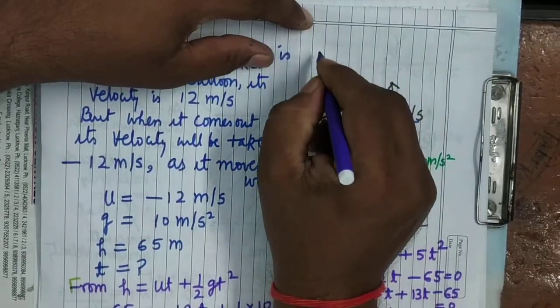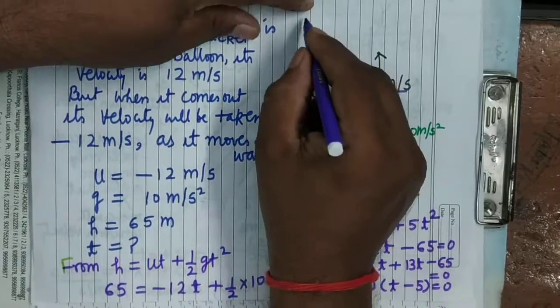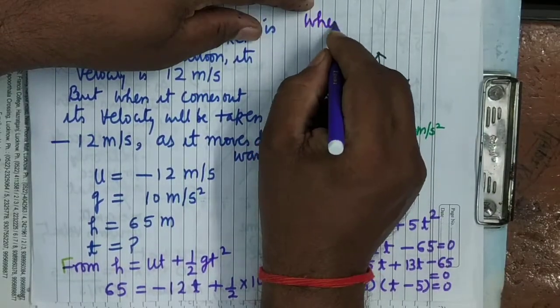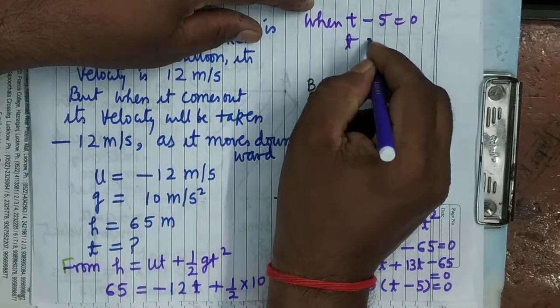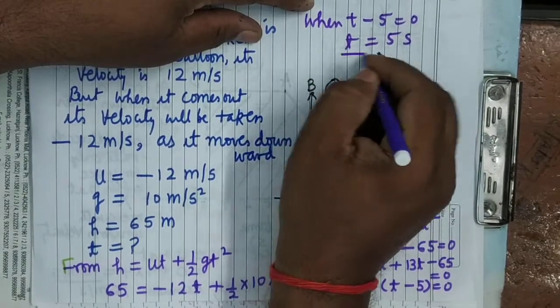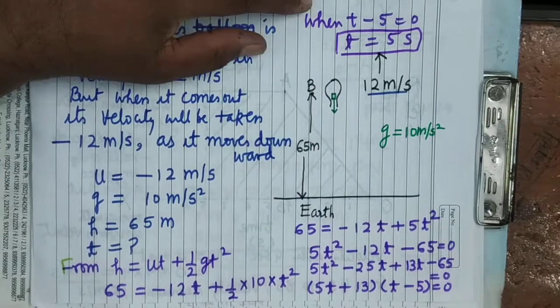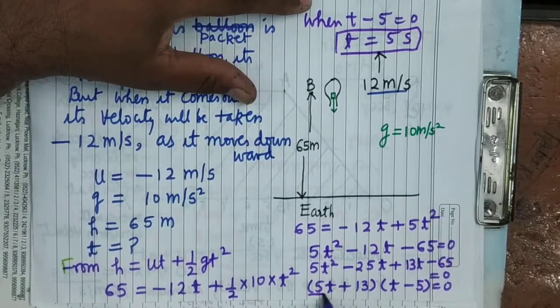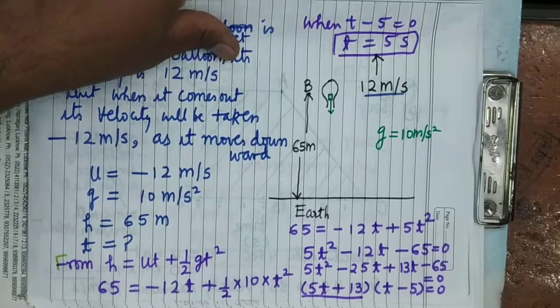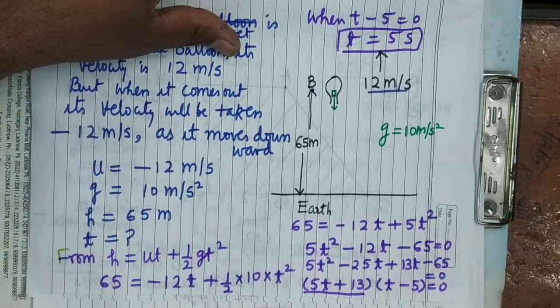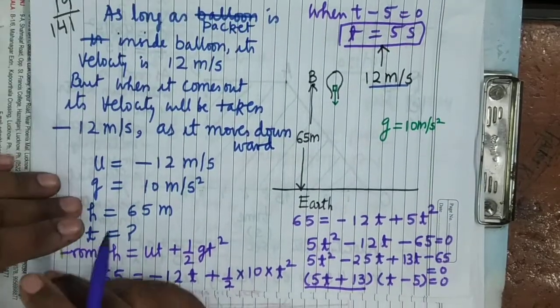So when t minus 5 equals 0, t equals 5 seconds. Means in 5 seconds it will reach the ground. From the other value, you will get t equals minus 13 upon 5. That is not possible. Negative value of time is not possible. It's clear.